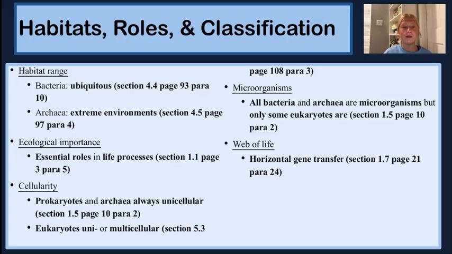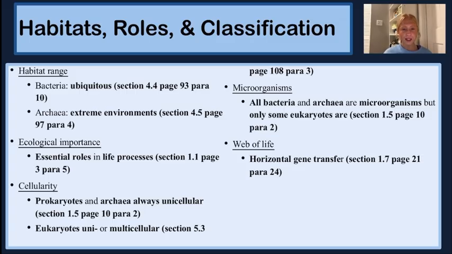Despite being microscopic, these organisms play absolutely essential roles in sustaining life. They do nutrient cycling and maintain ecosystems. All bacteria and archaea are microorganisms and are always single-celled, but eukaryotes can be either single-celled or multicellular. Humans, plants, and animals are all multicellular eukaryotes, while some fungi and protists are microscopic eukaryotes.